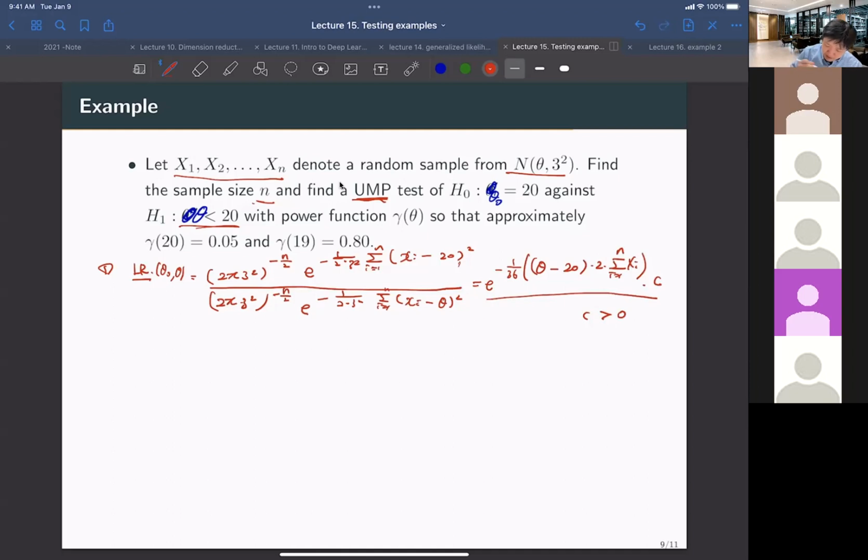And the NP lemma tells that here the ratio on our test is the left tail test, and if you look at the ratio, summation of xi, so LR.